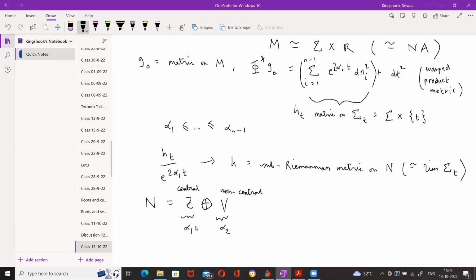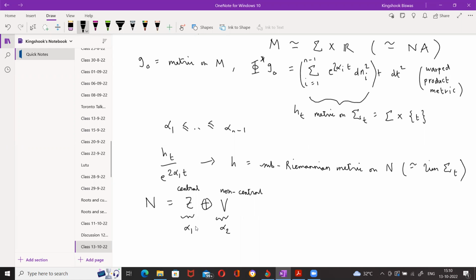This comes from the fact that the metrics on the horospheres are diverging at different rates. If I take the smallest growth and rescale so that it stays finite, then the other directions go to infinity.